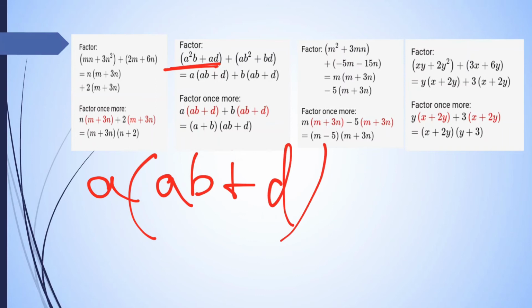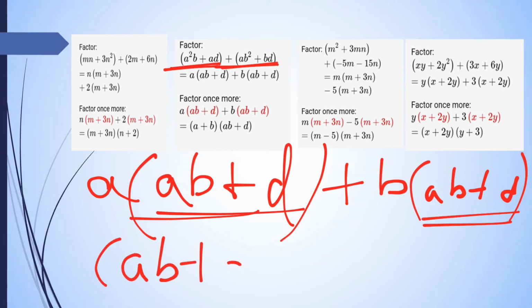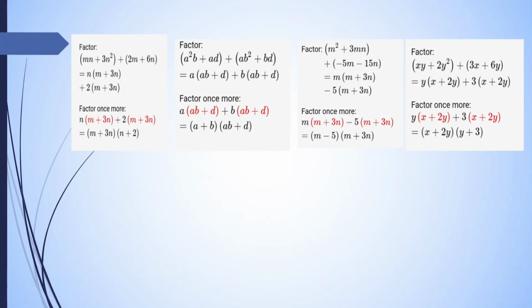Now here, you can take common b, then what will be the remaining term? ab plus d. Now ab plus d is the same, so we will write ab plus d, and what will be the remaining? a plus b. This will be the answer, a plus b and ab plus d.